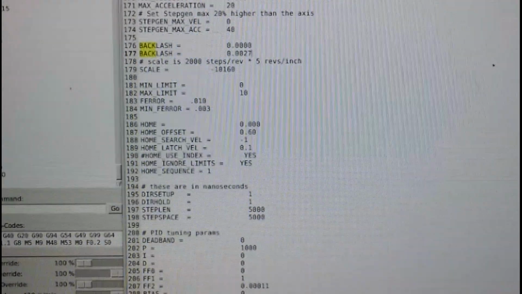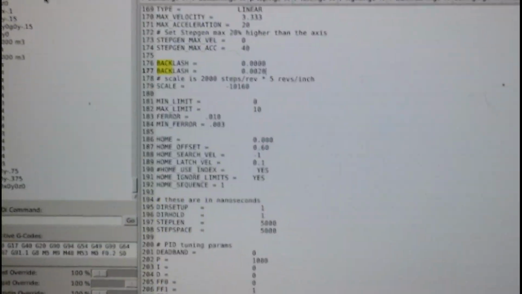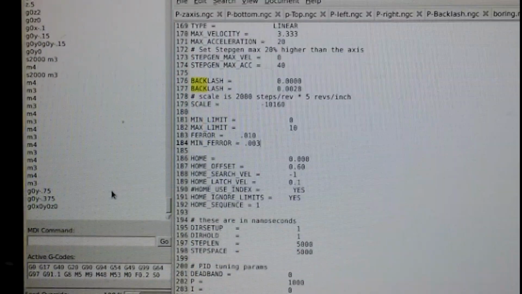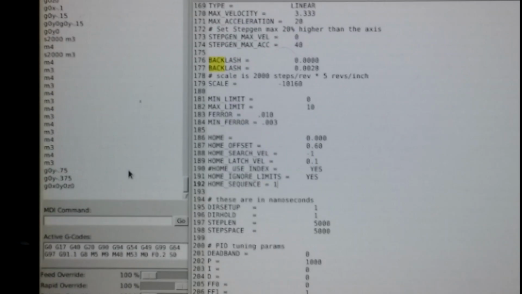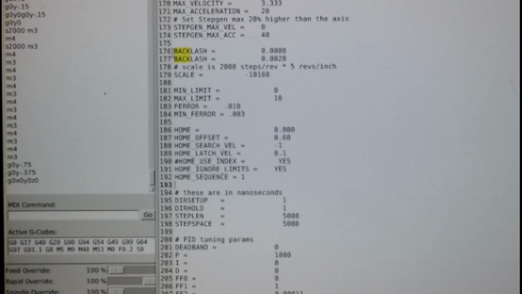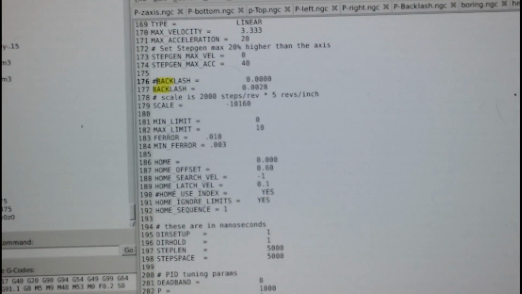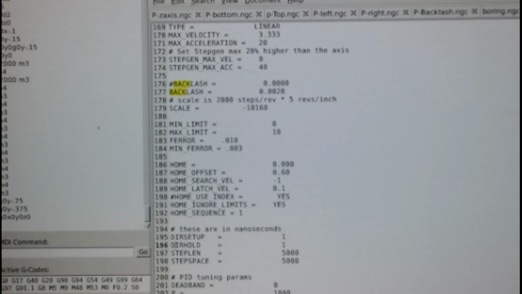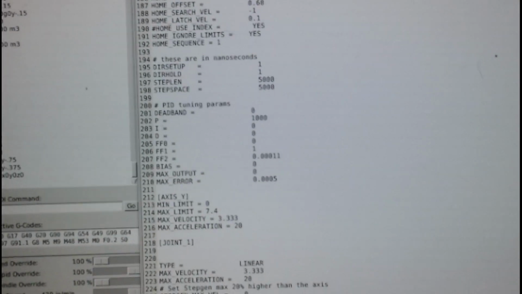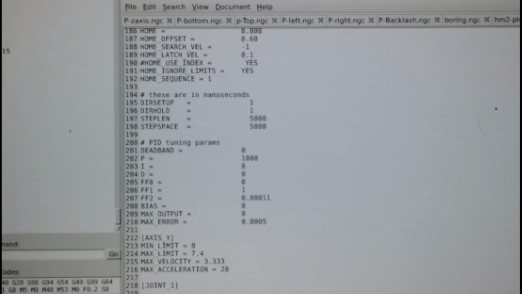We're kind of splitting hairs with this machine. I mean, I'm not expecting tenths, so I'm just going to double check this. 2.8 for X and 2.7 for Y. I'm going to save this.